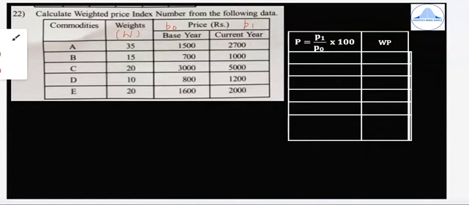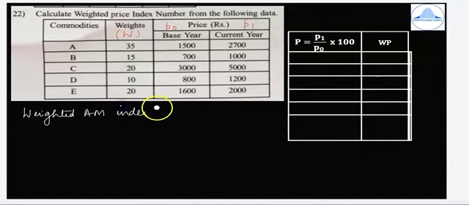Now, because we are calculating the weighted arithmetic mean index number, let me write the formula. So I'll write the side heading as weighted arithmetic mean index number. I said you can also compute the weighted geometric mean index number.